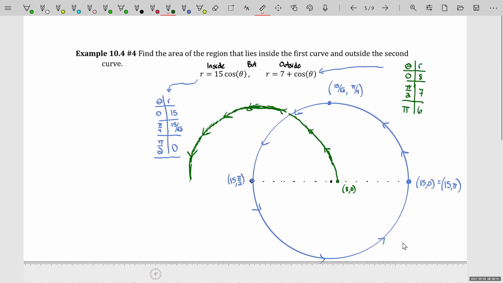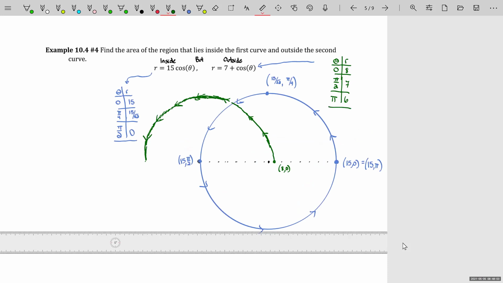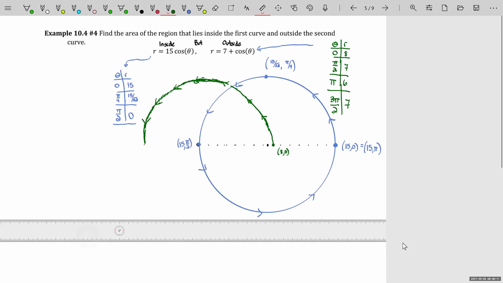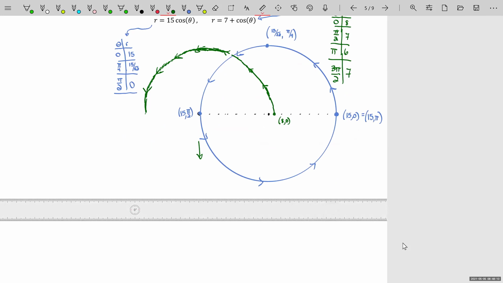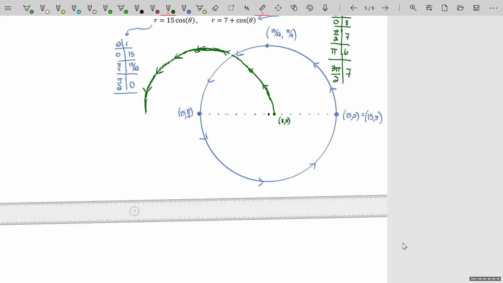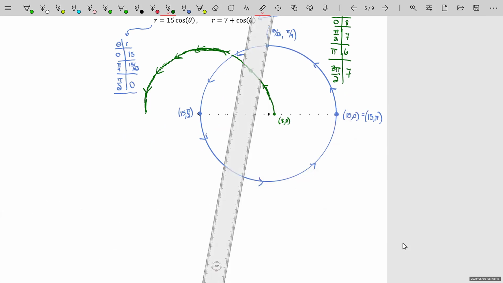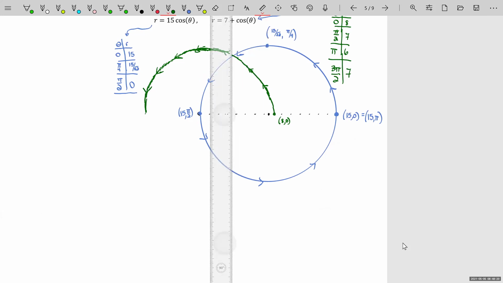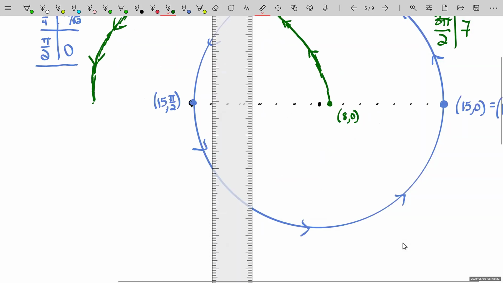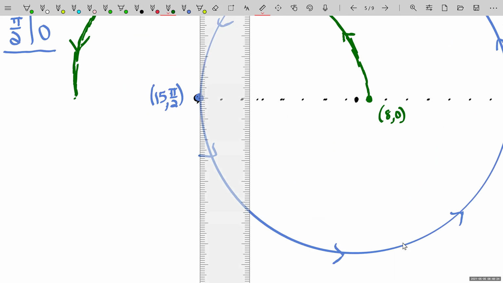And then as I turn past the angle of pi and put in 3 pi over 2, cosine of 3 pi over 2 is 0. So when I'm facing an angle of 3 pi over 2, which is straight down, I'm throwing a rock 7 feet in front of me. 1, 2, 3, 4, 5, 6, 7.